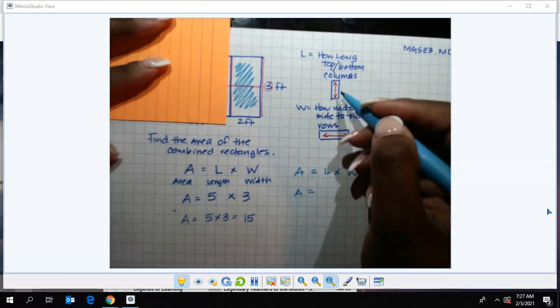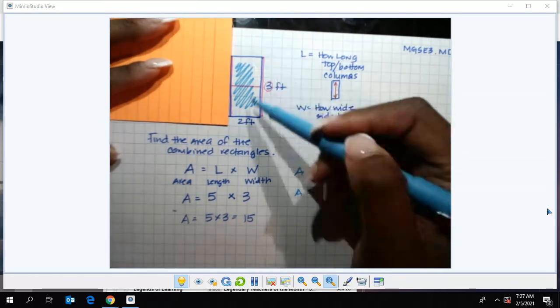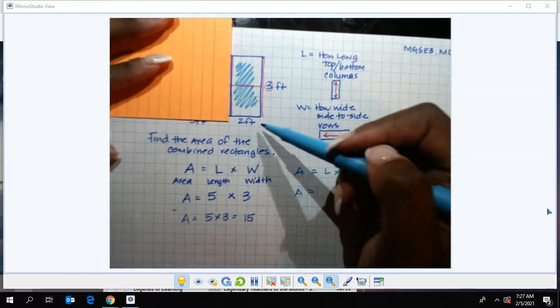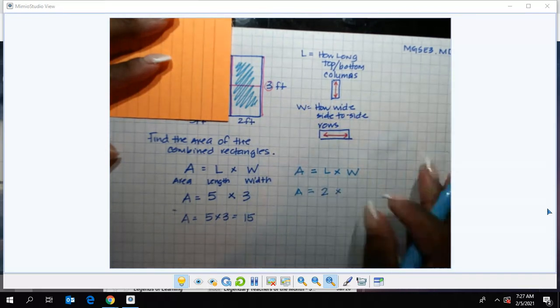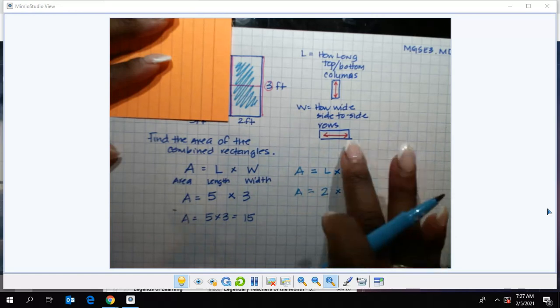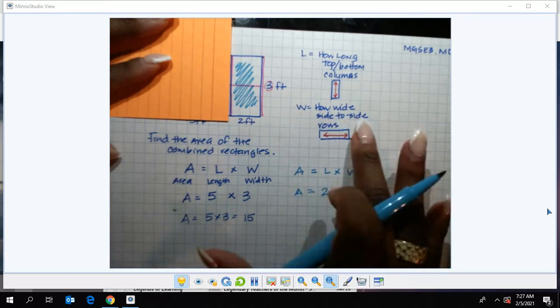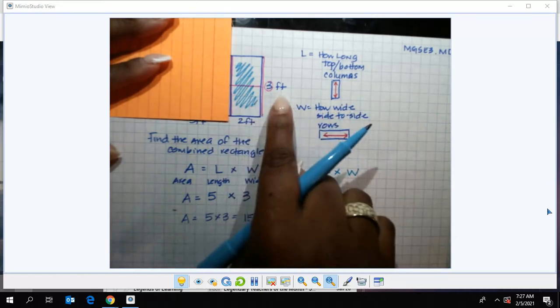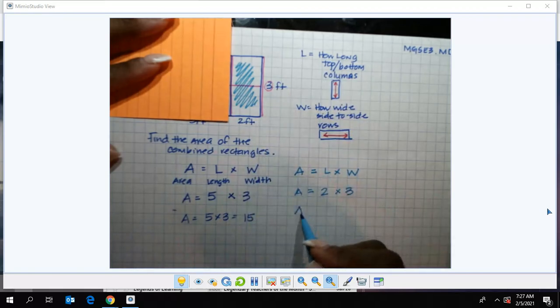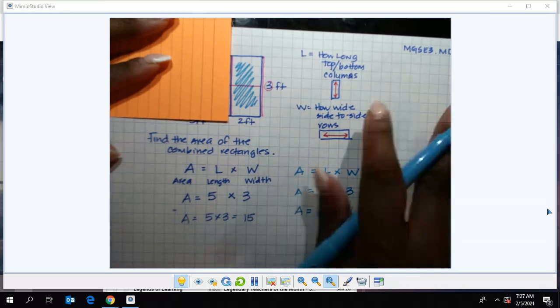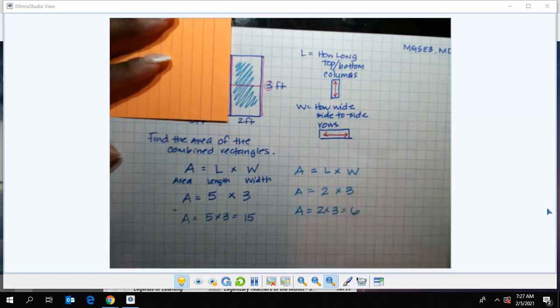Do we have a number at the top or the bottom of this rectangle? Yes, we have 2 feet. 2 times. Now let's find our width. How wide? Side to side. Do we have a number on the side? Yes. 3. So our area equals 2 times 3, which equals 6. 2 groups of 3. 2, 4, 6. 2 plus 2 plus 2.